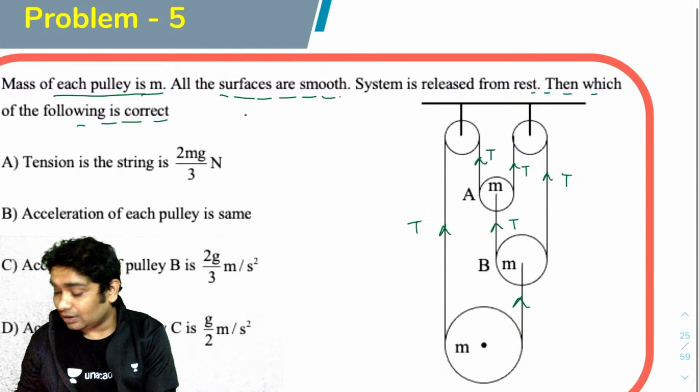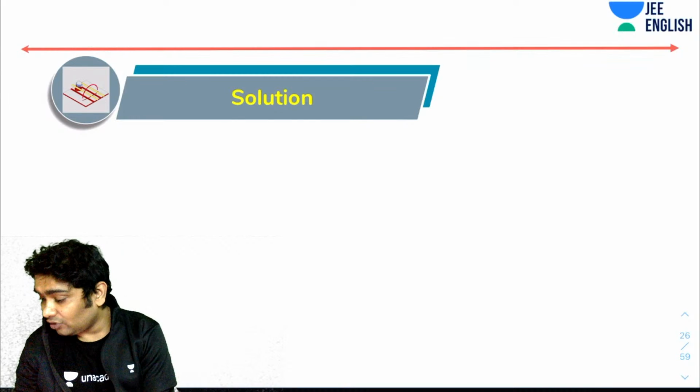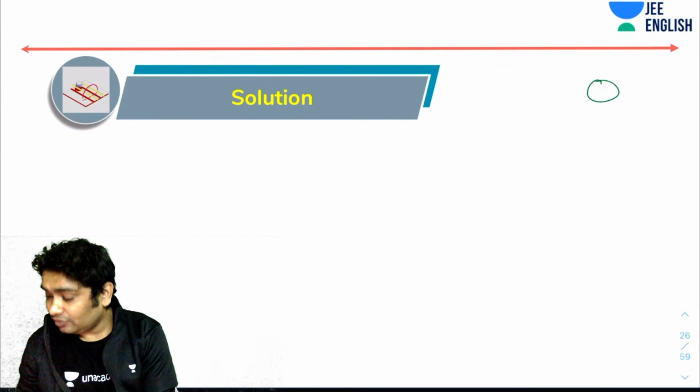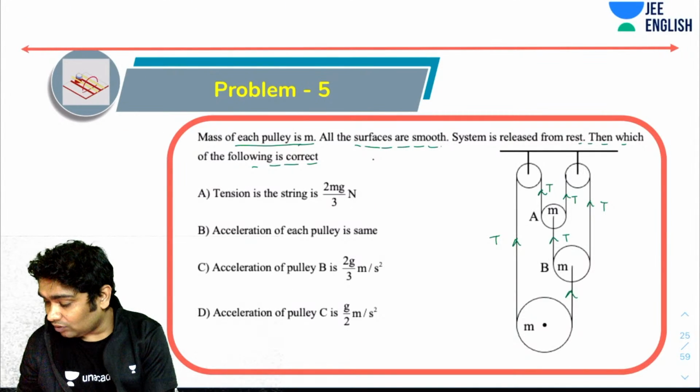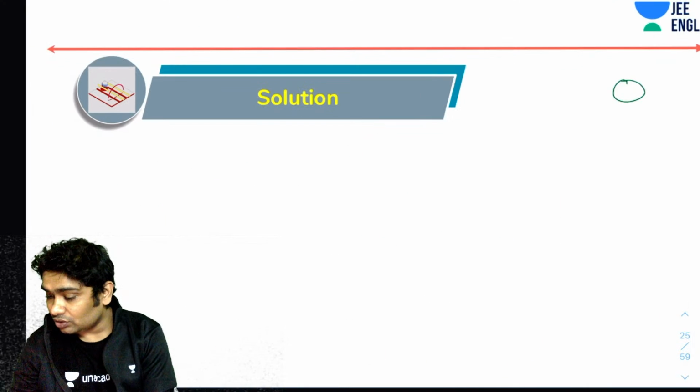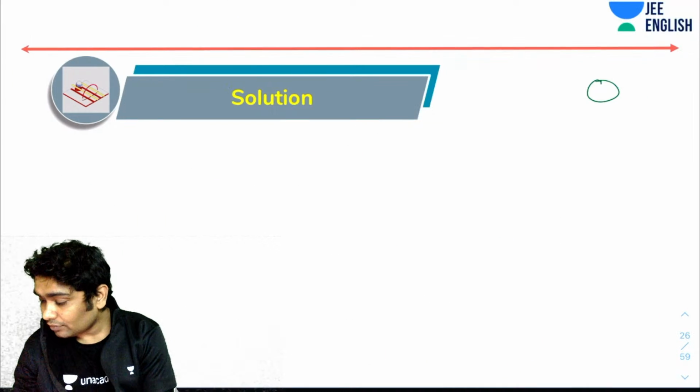let's see how the FBD of A looks. For A, I have 2T acting upwards and 1T acting downwards, and then Mg. So for A, I have net T acting upwards and Mg acting downwards.